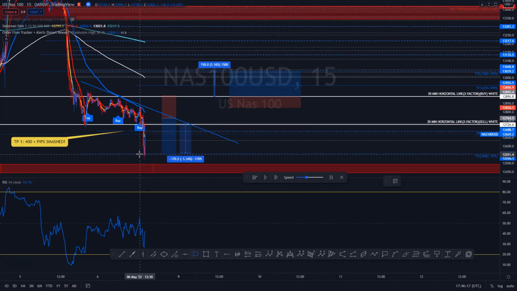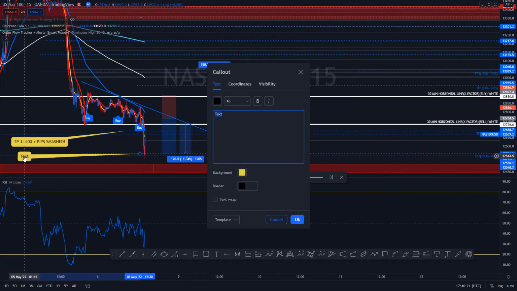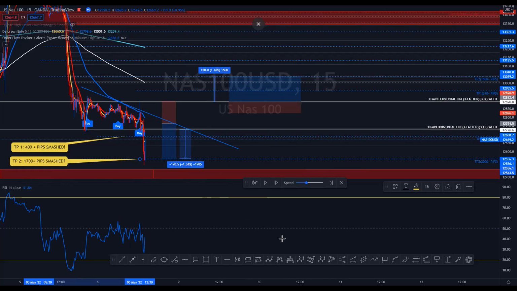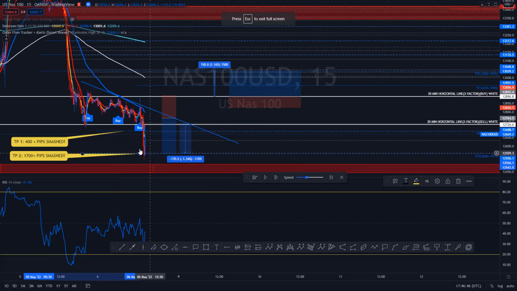It really was even more than that, but I'll just say here. TP2, 1700 plus pips. Right there. So we definitely won this trade.